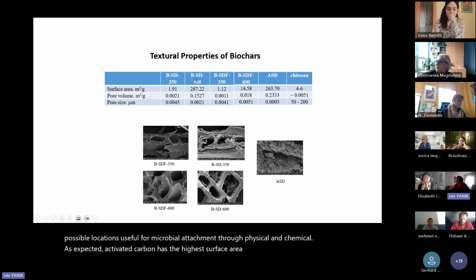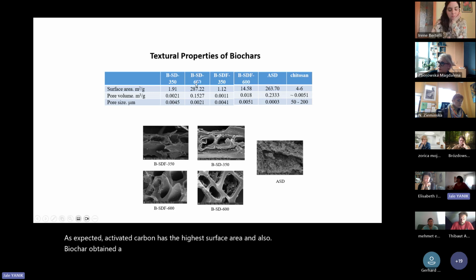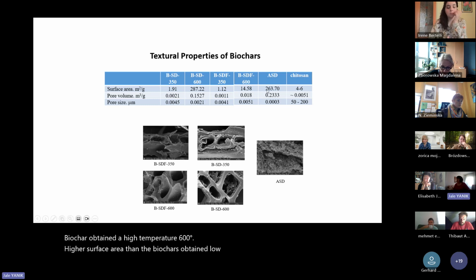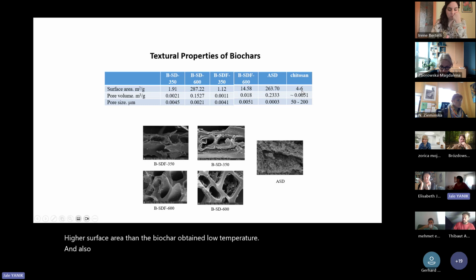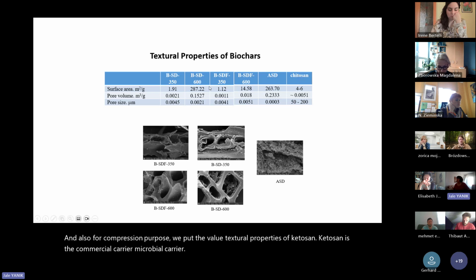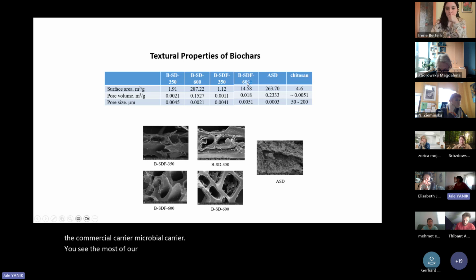And also biochars obtained at high temperature, 600 degrees, have higher surface area than the biochars obtained at low temperature. And also for comparison purposes, we put the values of textural properties of chitosan.